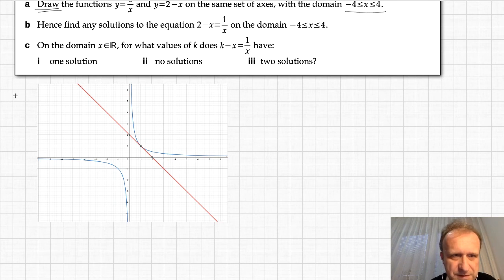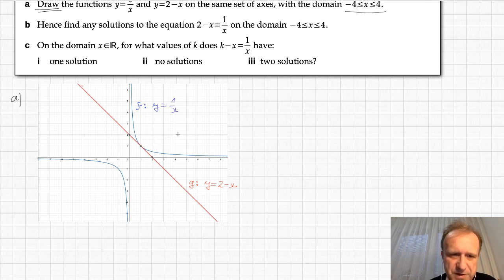Let me say that this is part A. The red function was the function g, and it was the function y equals 2 minus x, and the blue function was the function f, and it was the function y equals 1 over x.